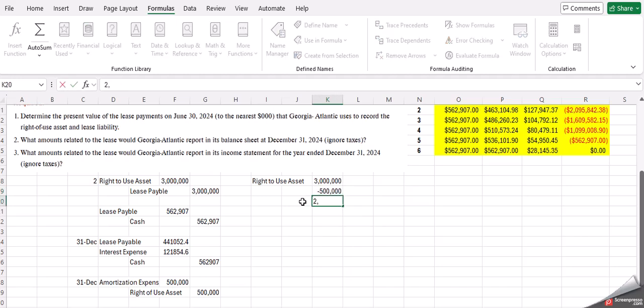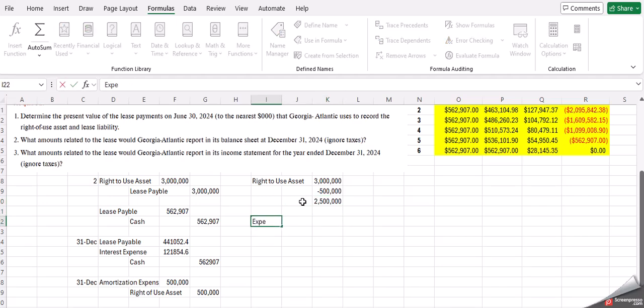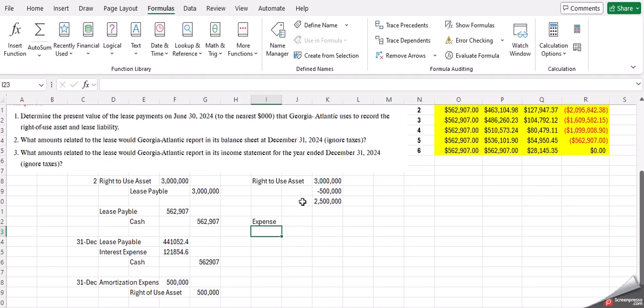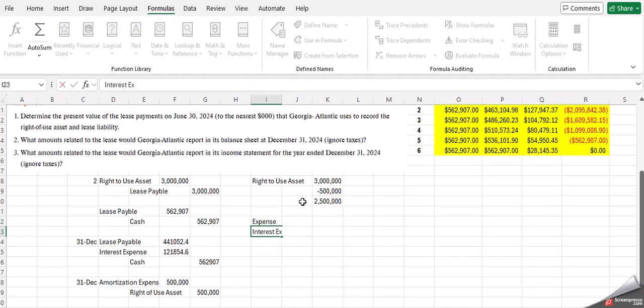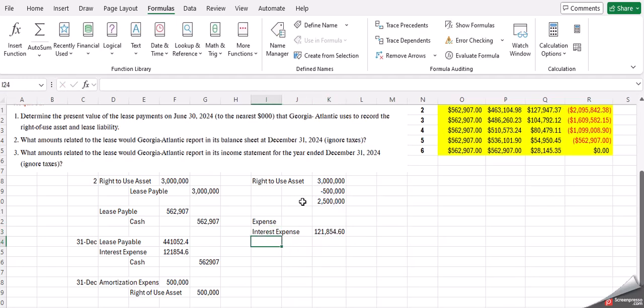So then 2,500,000 would be the value at the end of the year. And then in expenses on the income statement, they would have the interest expense, and then they'd have the amortization expense.